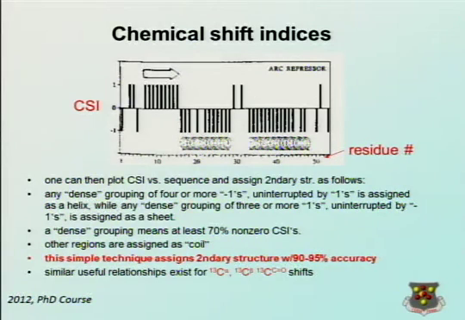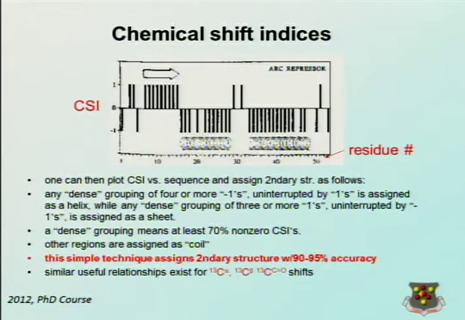So if it's positive, meaning the chemical shift value is larger than the average, then it's in a beta sheet. If it's negative, so the chemical shift is lower than the average, it's in an alpha helix. And if you have a continuous stretch of residues that are all negative, then you are sure that's a helix. Or if you have a continuous stretch of residues that are all positive, then you are sure it's a beta sheet.